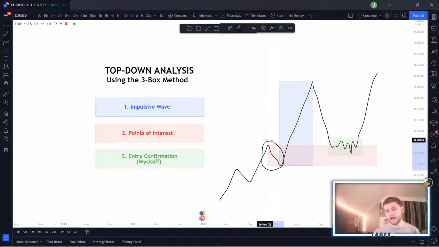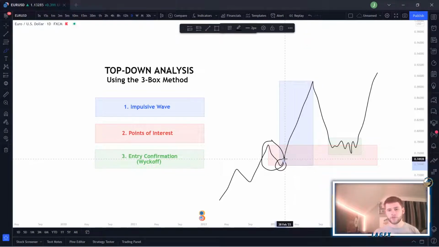Now we know that for the market to have been sold back down, and in this region for us to reverse the market, we had to have positions open by the smart money operators in order to make this happen, in order for them to reverse the trend at that moment. Because we know this, we know that price is going to want to come back down to this area, mitigate and close those positions before we continue higher.